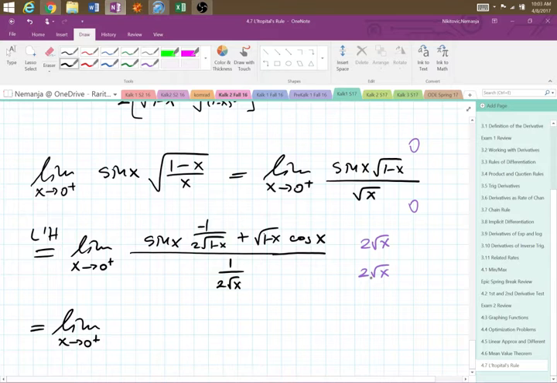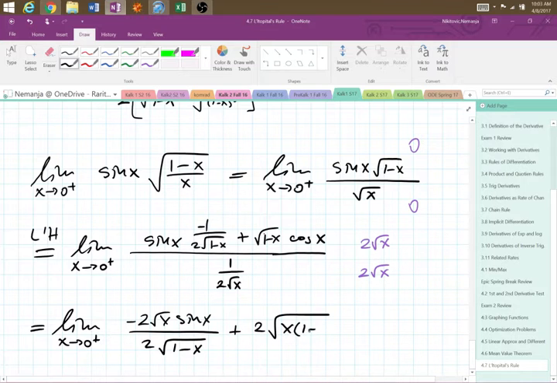So when I multiply by 2 root x, then we have no more denominators. In that case, we have negative 2 root x sine x over 2 square root of 1 minus x plus 2 times square root of x 1 minus x cosine x.